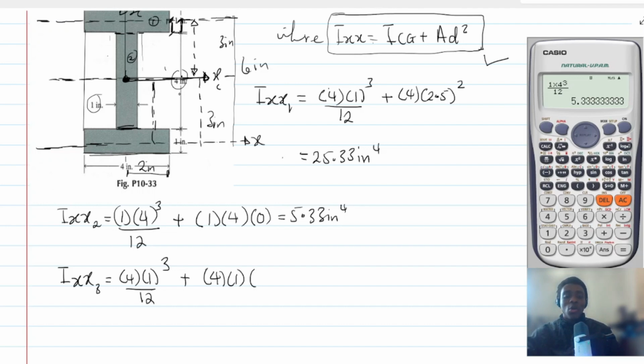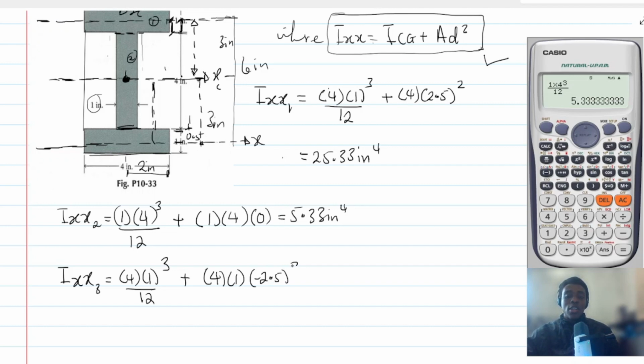But this time around, because you are moving below the x-axis, then it's going to be minus 2.5, because of course this is 1, so halfway will be 0.5, and we know that all this from here to here is 3, so 3 minus 0.5 will give us 2.5, but it is going to be negative because it's below the x-axis. All right, so minus 2.5 squared.